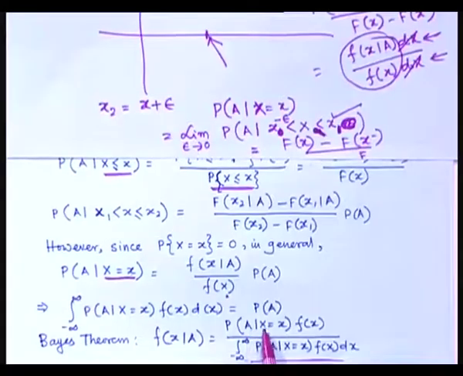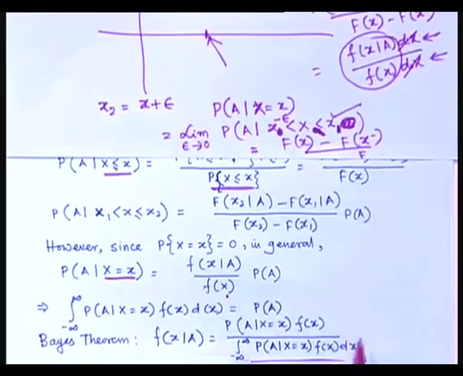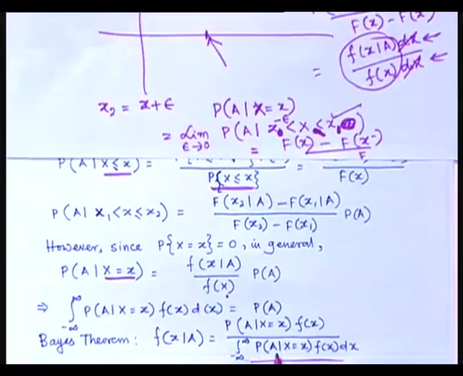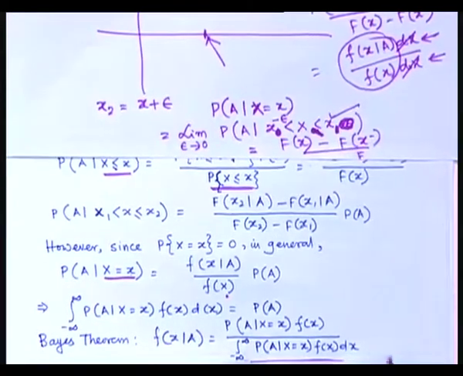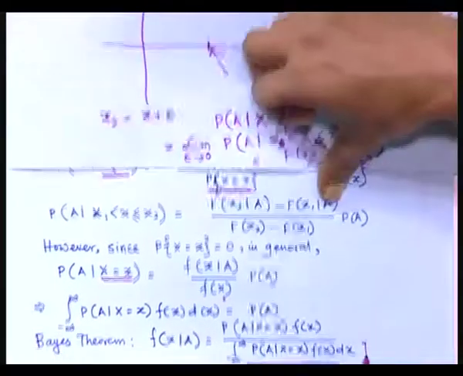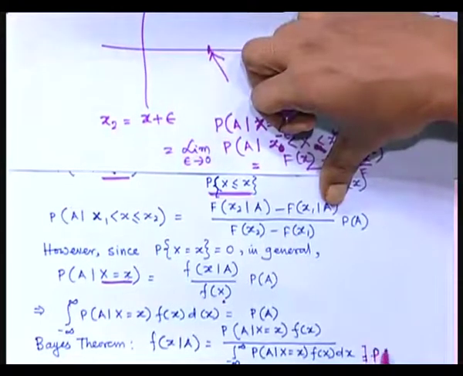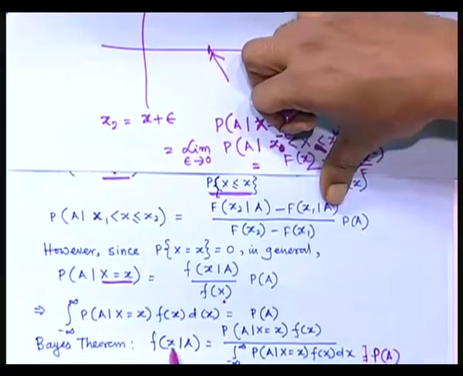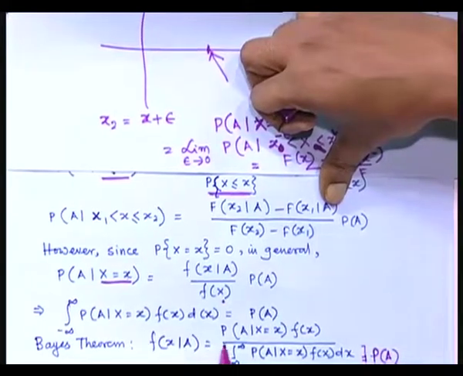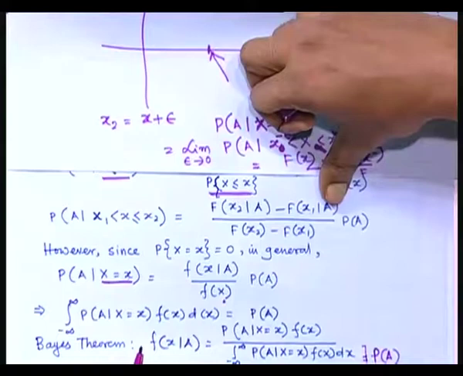So exactly that is being achieved: the right hand side is written fully in terms of a given x. This denominator is nothing but probability of a. So f of x given a into probability of a is probability of a given x into f x. Finally, that is the expression.